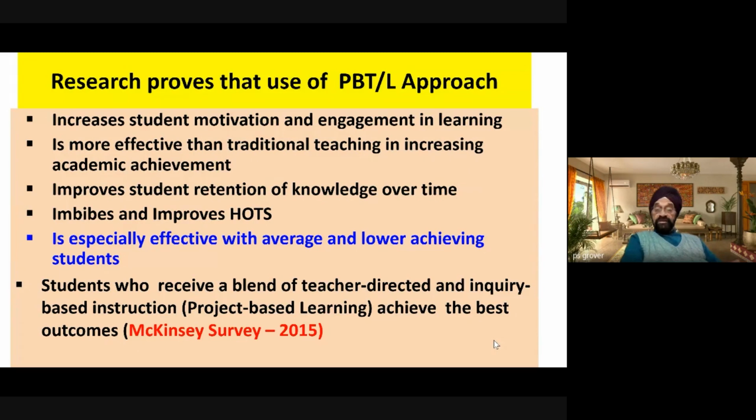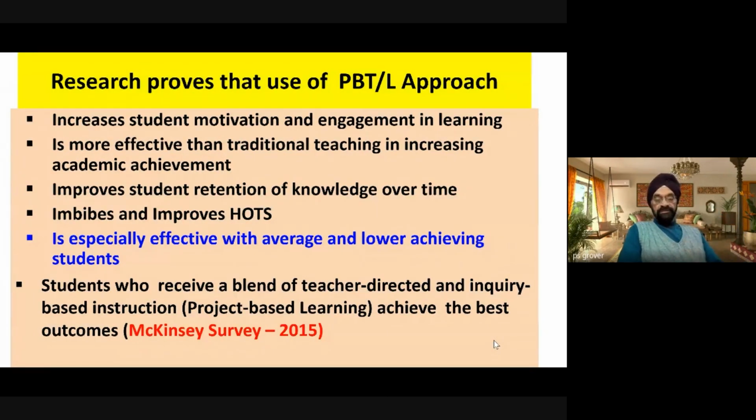And whatever the student learns, he retains the knowledge over a period of time, and also develops his real life thinking skills. It is especially effective with average and lower achieving students. See, bright students are bright because nature has given them a good brain and good thinking.